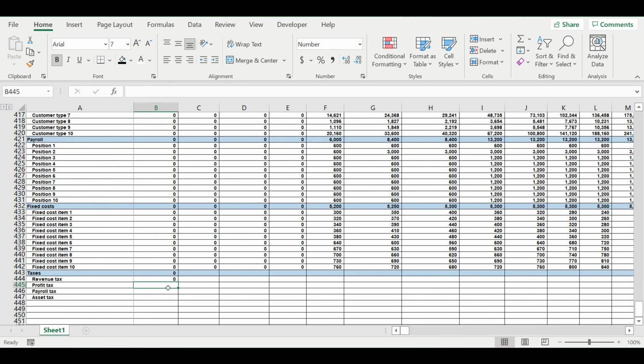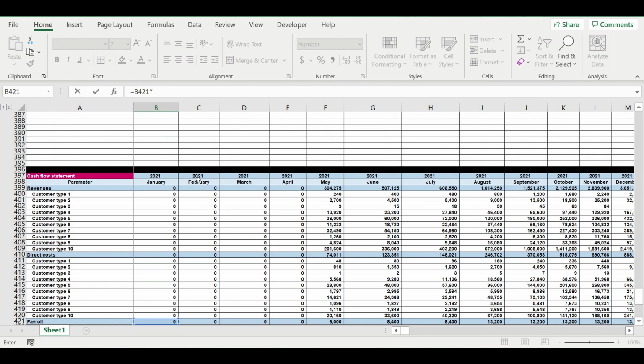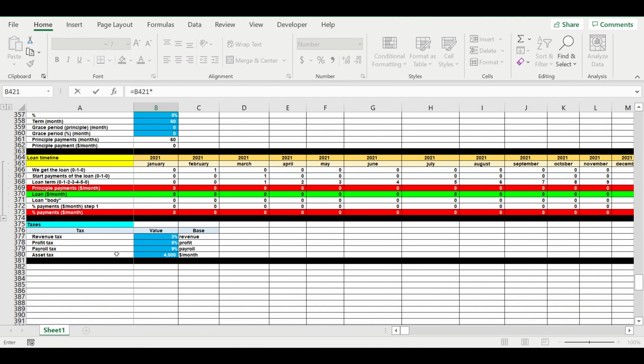Then profit tax we will calculate a little bit later. For payroll tax, we will take this value and multiply it by the value of the tax.